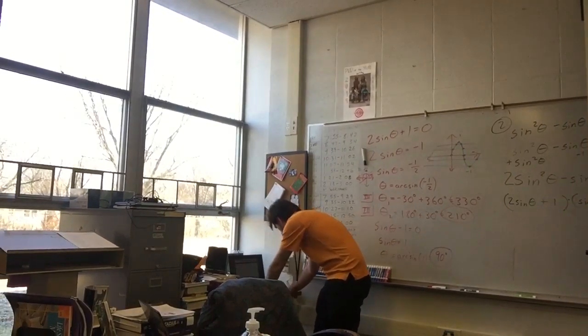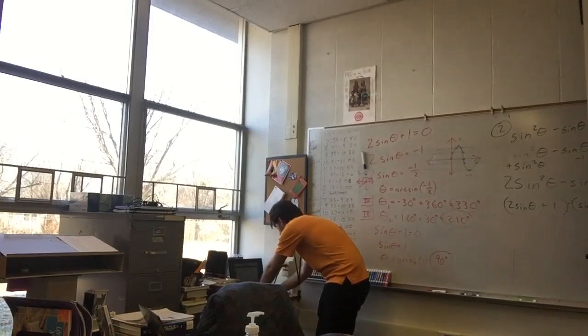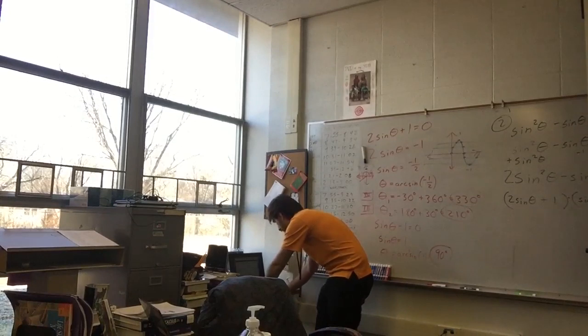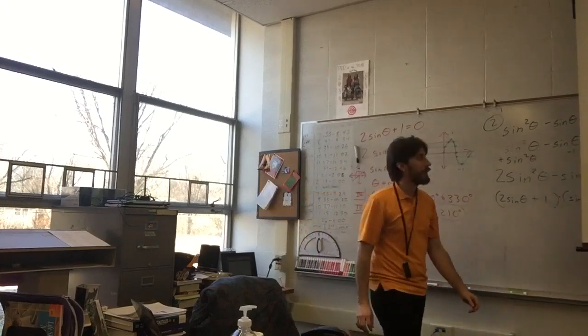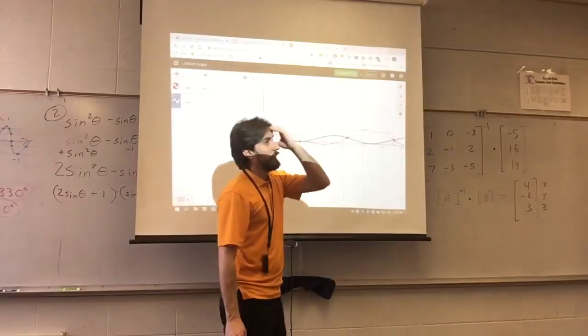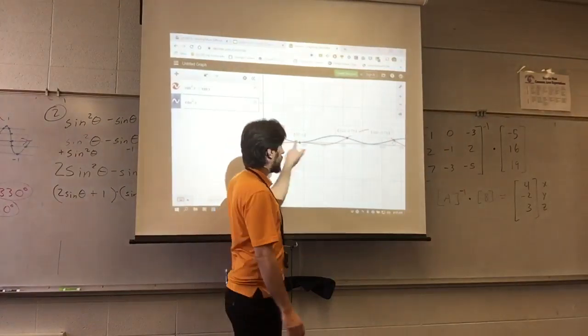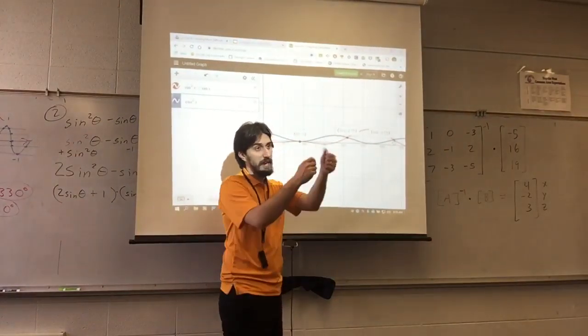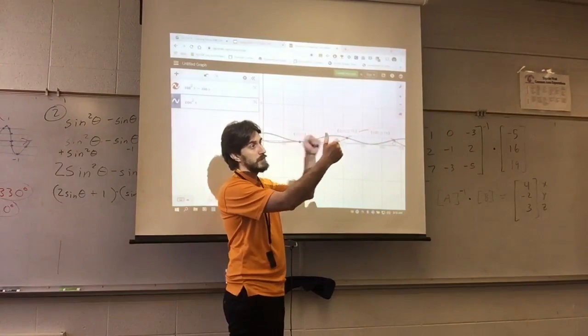Make sure your calculator is in degree mode, which means you need to change the window to go from 0 to 360. And then if you do that, you will see that the lines cross each other at 3 points.